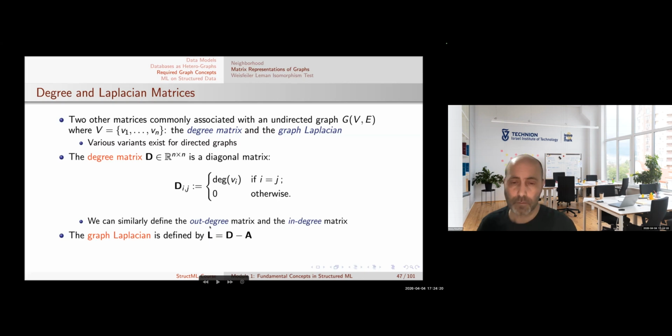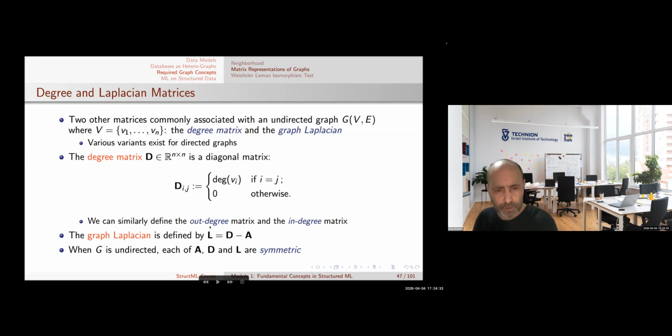So for the graph Laplacian, you start with the degree matrix and you write -1 whenever two nodes are neighbors. And observe that when G is undirected, A, D, and L are symmetric, and this is not necessarily the case when G is directed.